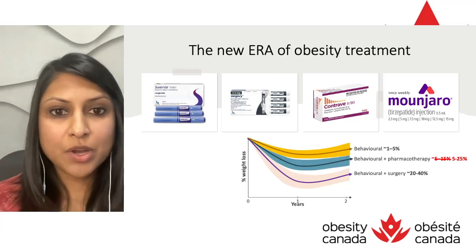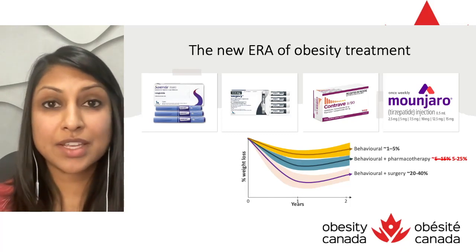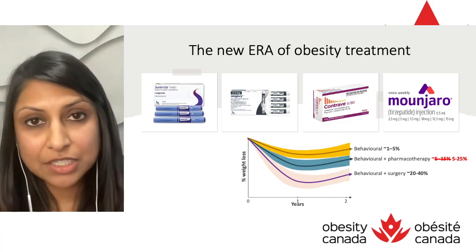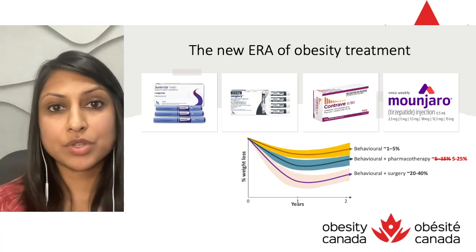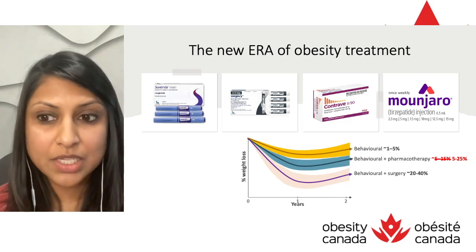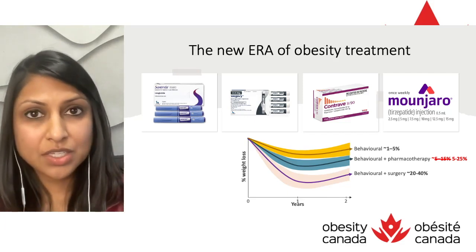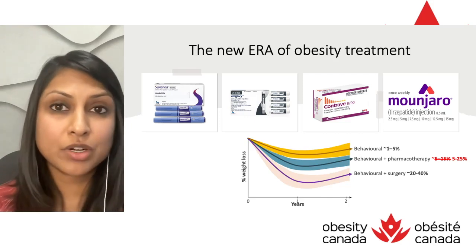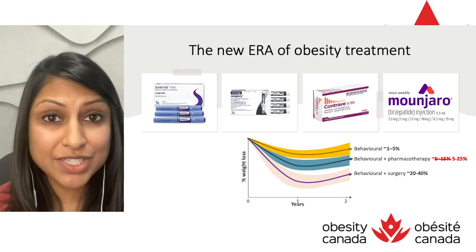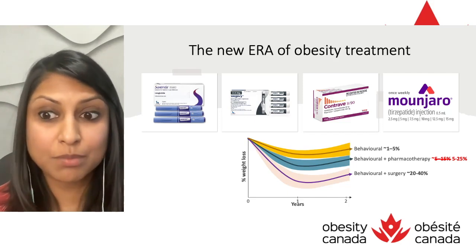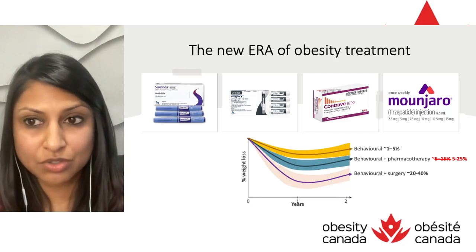You can see at the bottom, with behavioral changes and surgery, surgery is still generally our most effective tool, losing about 20 to 40% of your total body weight. What this translates to is more effective diabetes control, more effective reduction in heart disease, and it has actually been shown to reduce mortality, so the number of deaths after bariatric surgery.